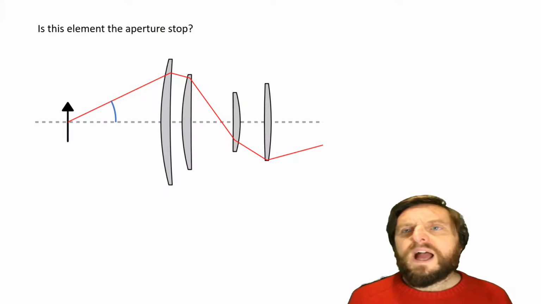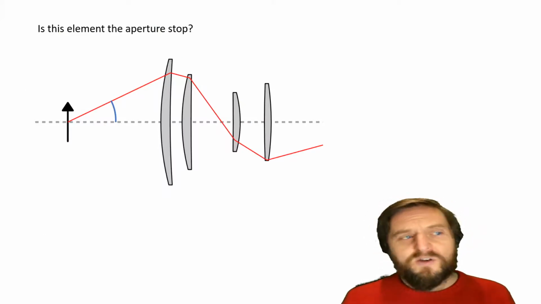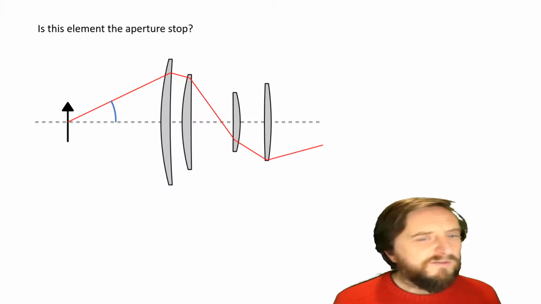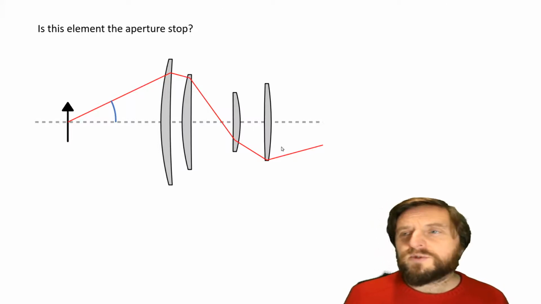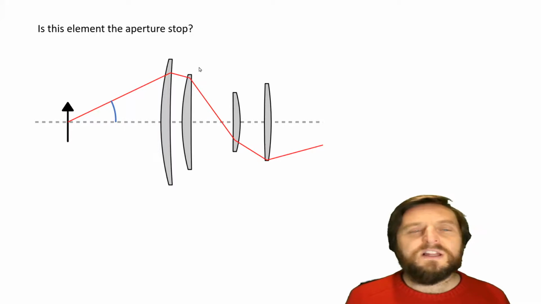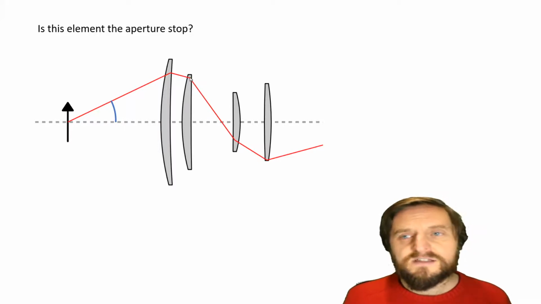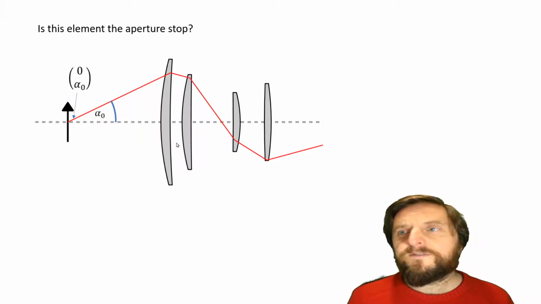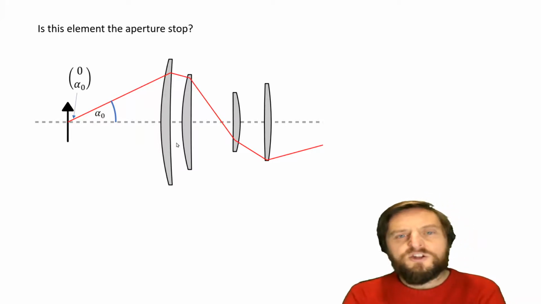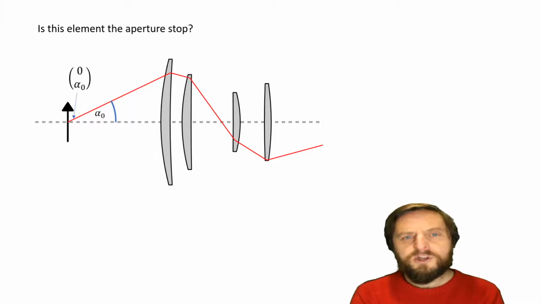Okay, so how do you actually find which element is the aperture stop? Because obviously there are lots of elements. Sometimes there can be dozens of elements within an optical system. How can I tell if, for instance, this second lens here is the aperture stop? Well, to find the aperture stop, I need to look at rays of light that come from the object and start on the optical axis.